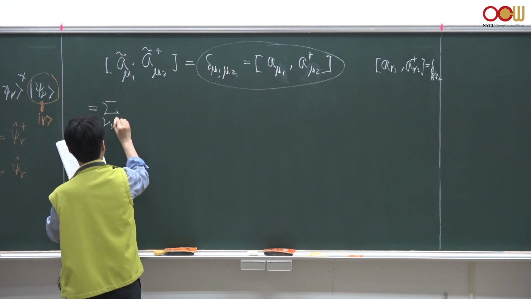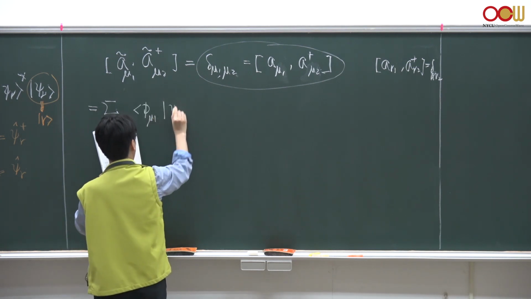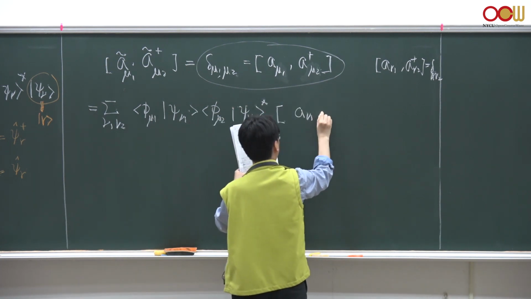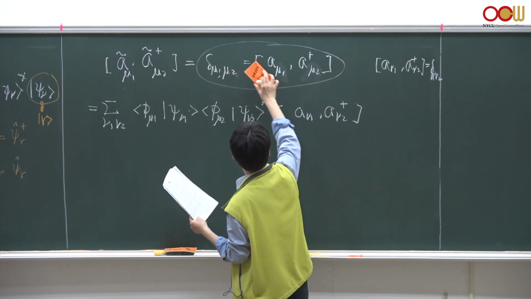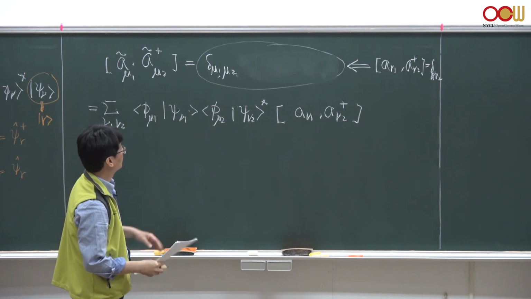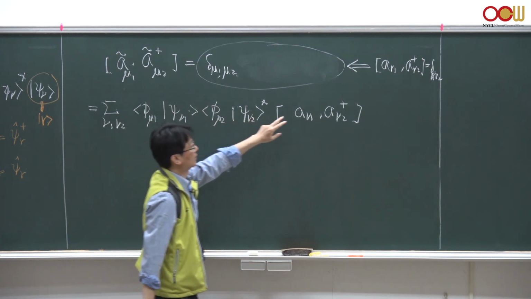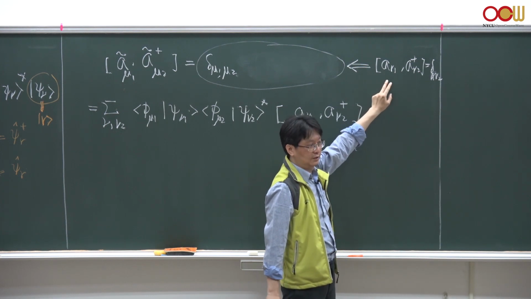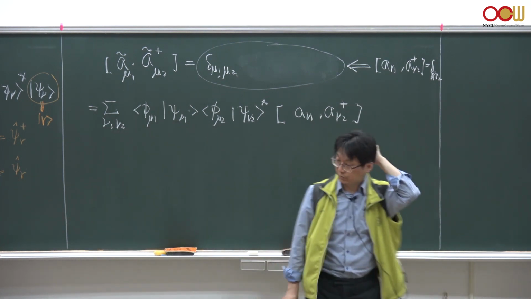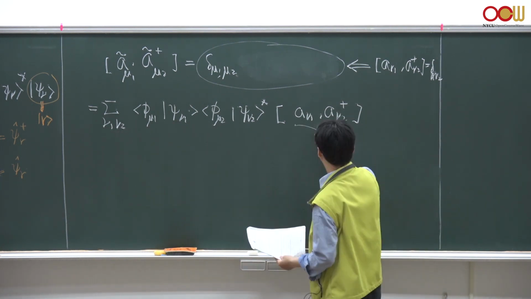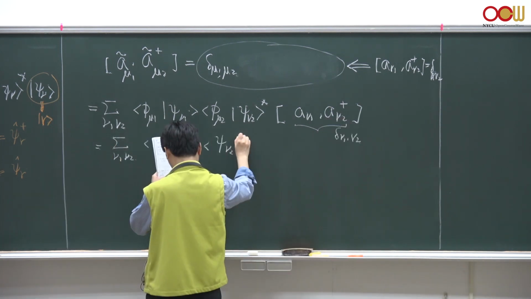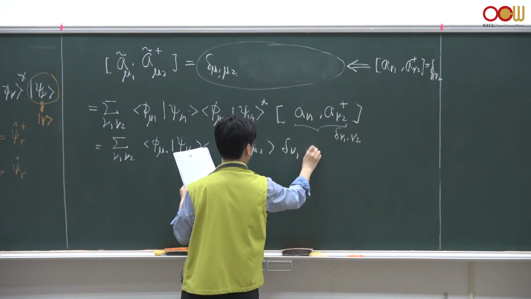This is the sum over nu1 and nu2 of phi mu1 psi nu1 phi mu2 psi nu2 star a nu1 a nu2 dagger. So I should use that to more precisely link the anti-commutation rules in the nu space and those operators in the mu space. And the anti-commutation rule in nu space is delta nu1 and nu2. Therefore, we could just rewrite this as phi mu2 delta nu1 and nu2.